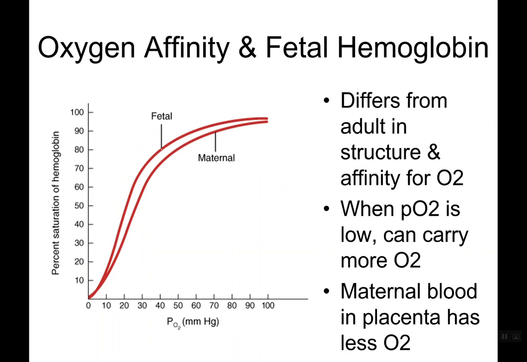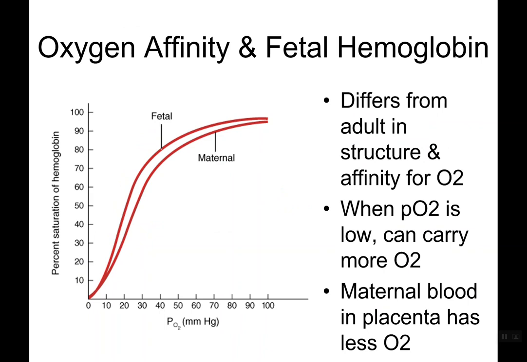Now, I mentioned earlier in the lecture that fetal hemoglobin has gamma chains instead of beta chains in its hemoglobin. So one set of its protein chain tetramers is different from adult hemoglobin. And we won't go into exactly how, it doesn't really matter.